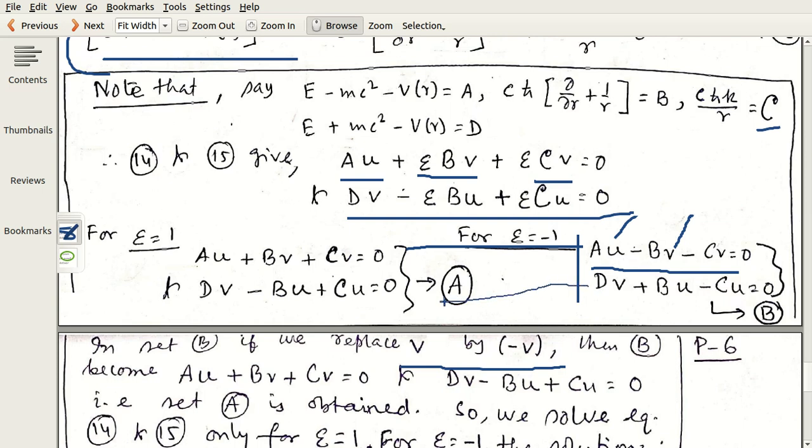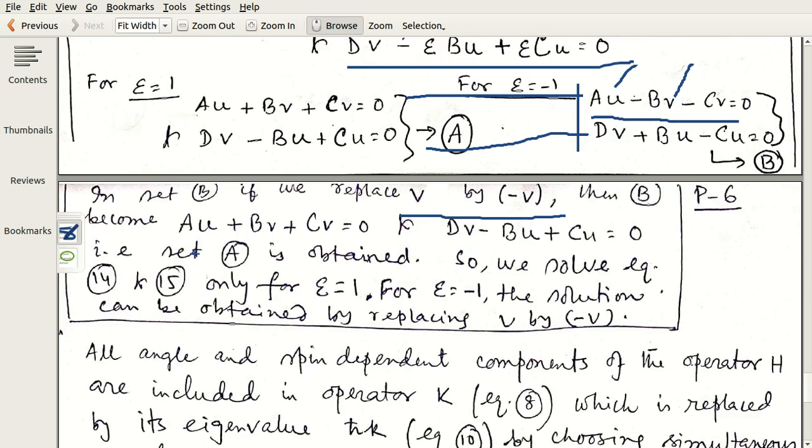Take the minus 1 out, and it becomes plus DV minus BU plus CU. That means set A is obtained from set B if you just replace the solution V by minus V. Therefore, we will solve only one case, epsilon equal to one. We will obtain the solution and then write minus V in place of V, and we obtain the complete set of solutions. I think you got it.